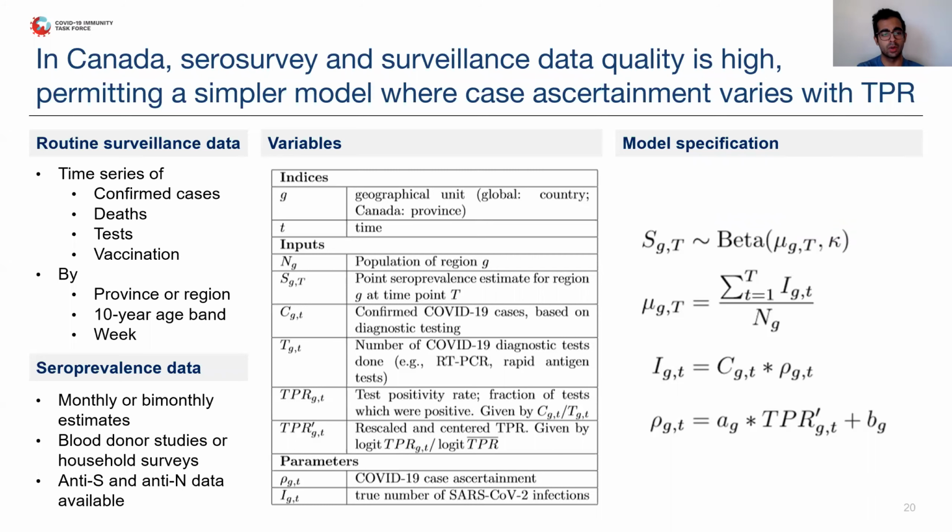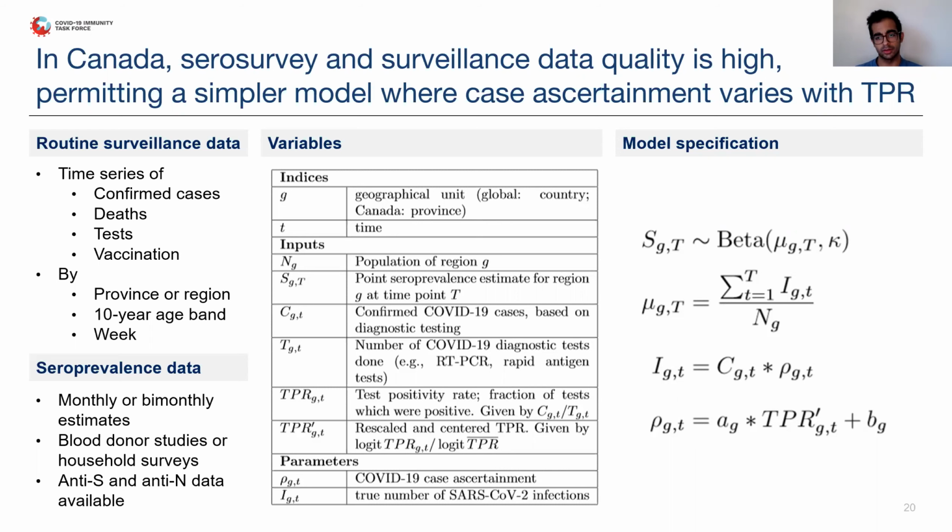And of course, we have quite regular seroprevalence data available from studies from Canadian Blood Services, Statistics Canada, and so forth. And so we leverage this data to estimate in a statistical model of case ascertainment and hence of seroprevalence.